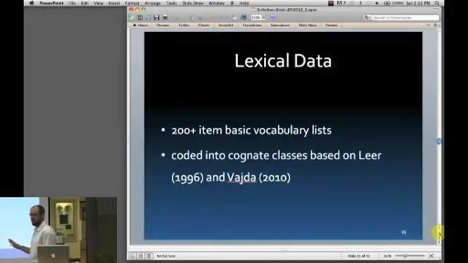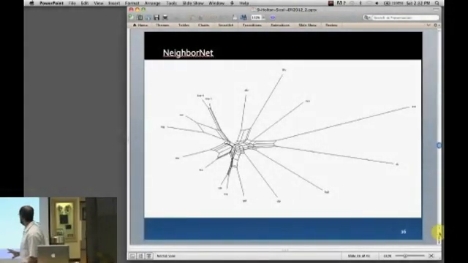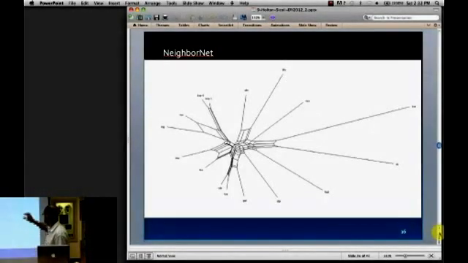So we did the same sort of thing. And unfortunately, these pictures are a little harder to see because I didn't make the labels as large. We applied a neighbor net analysis and then also a Bayesian analysis to search for trees.